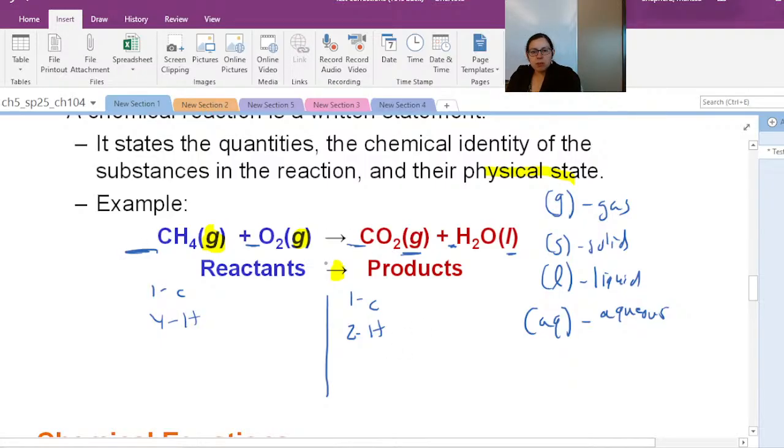And so now we can use whole numbers to balance. And this ends up being like a guess and check game. So if we have 4 here and 2, well, I'm going to just start with a 2, see how that goes. Okay, so now I have 4 hydrogens, now 2, so 2 plus 2, so 4 oxygens on my product side. And now I only have 2 oxygens on my reactants, so I'm going to put a 2 coefficient there.